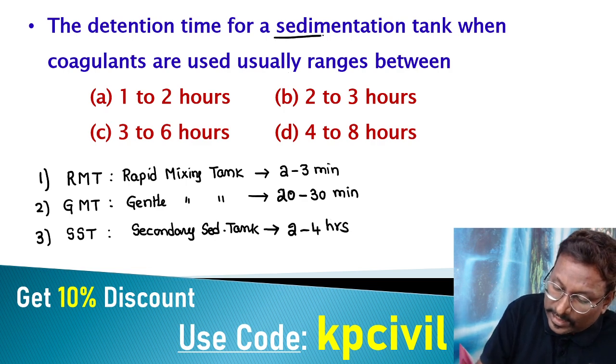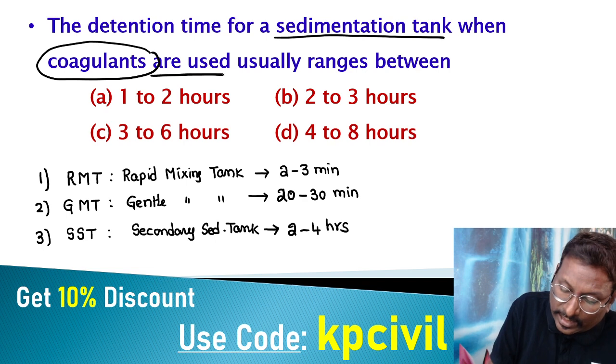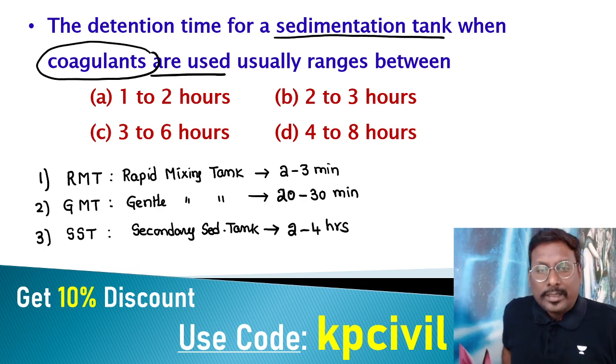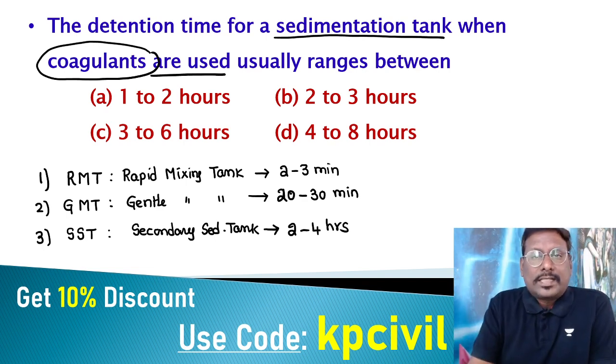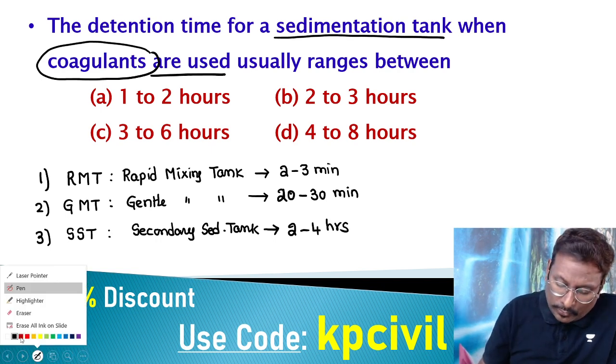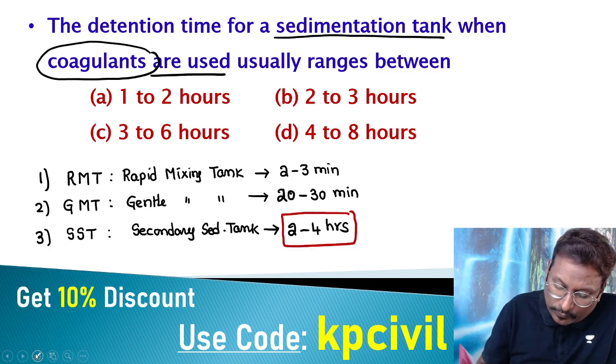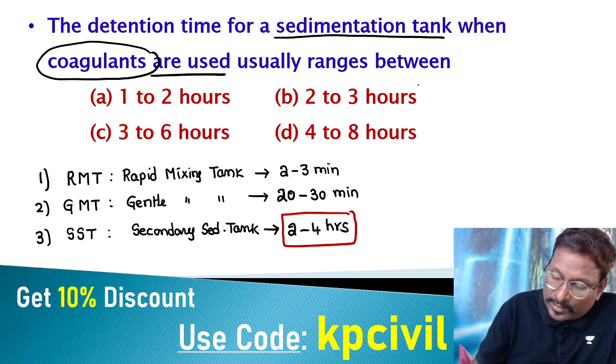They are asking about the sedimentation tank when coagulants are used. That is a secondary sedimentation tank only. It is not primary. So when coagulants are used, secondary sedimentation tank, it is 2 to 4 hours.